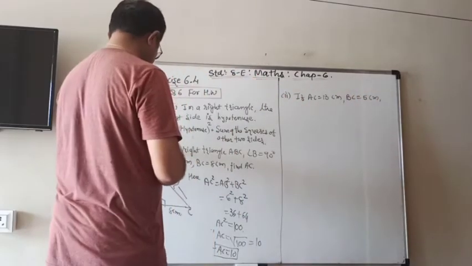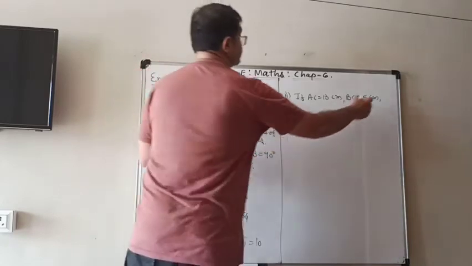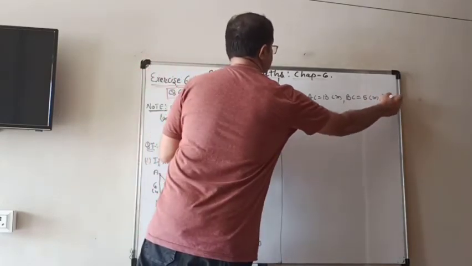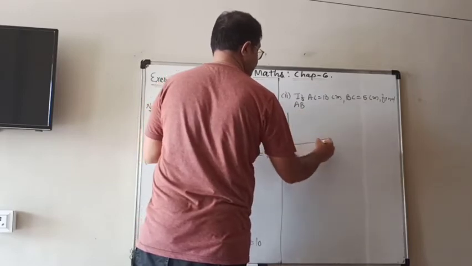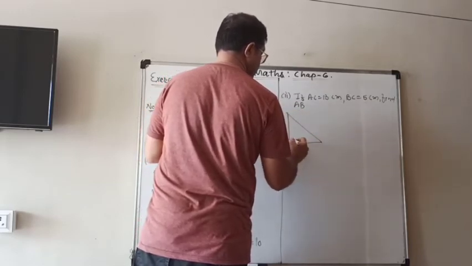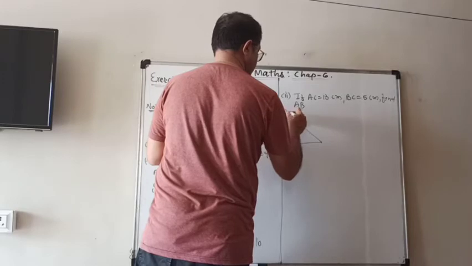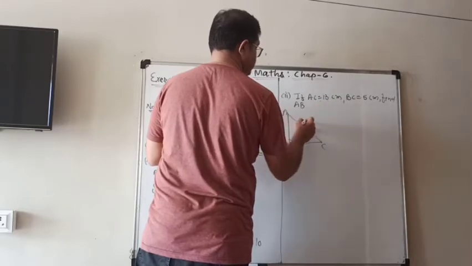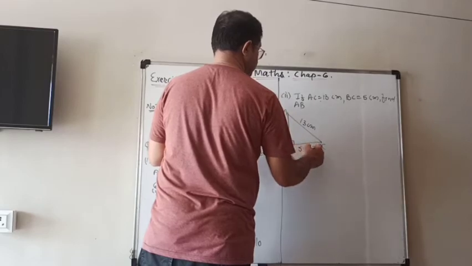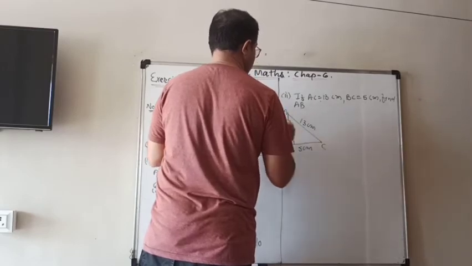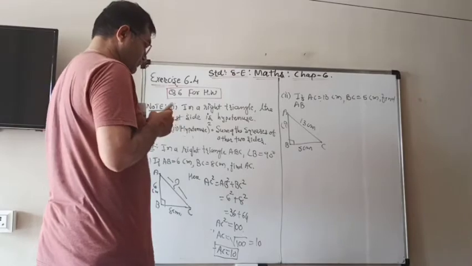And then we have to find AB. So the figure will be the same here. Here AC is given 13 centimeter. BC is given 5 centimeter. And we have to find the value of AB.